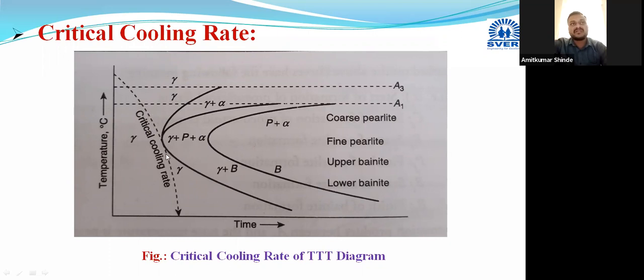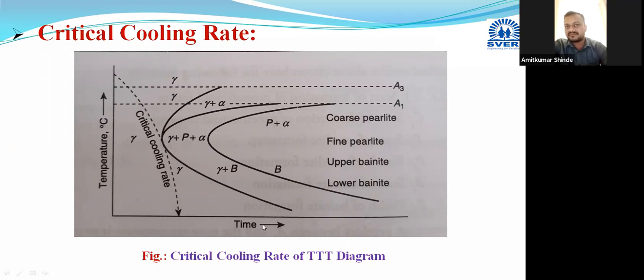Here, I have highlighted the critical cooling rate. Now, which parameters will affect this critical cooling rate? A number of parameters will affect it. Two parameters are there: percentage of carbon and percentage of other alloying elements. As carbon percentage increases, this critical cooling rate shifts towards the right side.